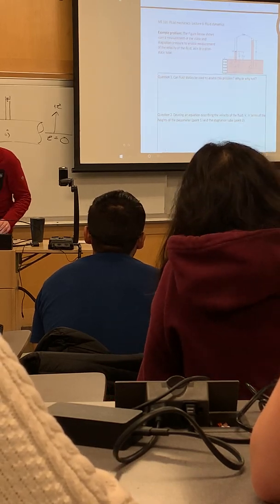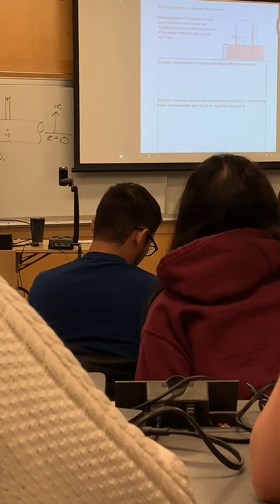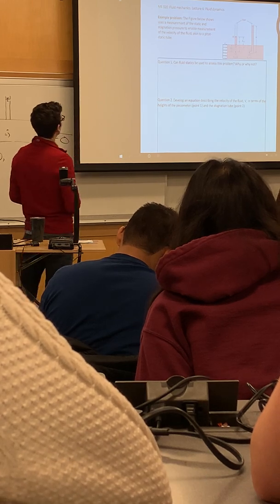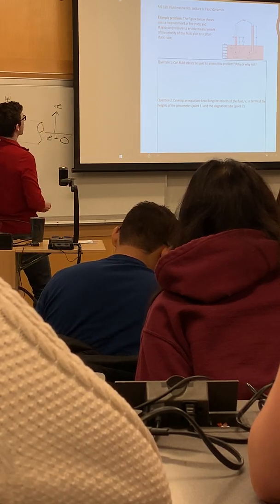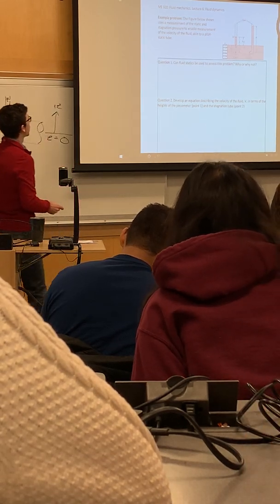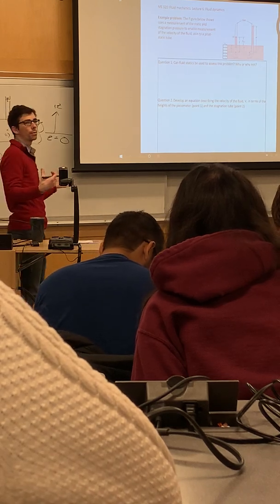So we've essentially talked through this problem already. This is an example of, well, I guess it's a slight variation. The figure to the right shows the measurement of the static and stagnation pressure at 2 points that allows us to measure the velocity of the fluid. So this is a similar device to a pitot-static tube.